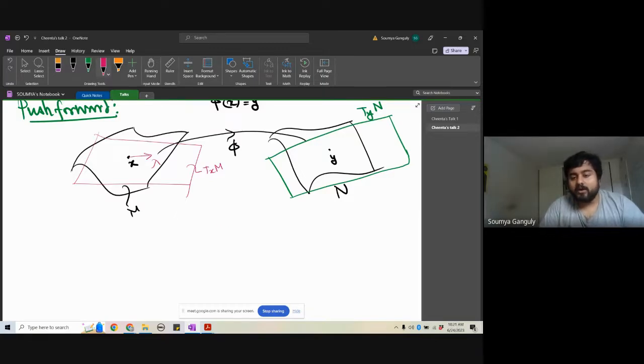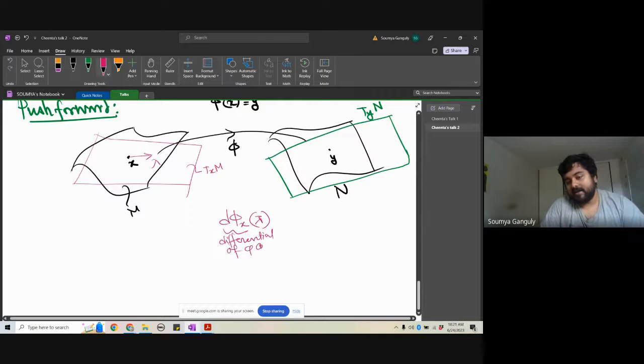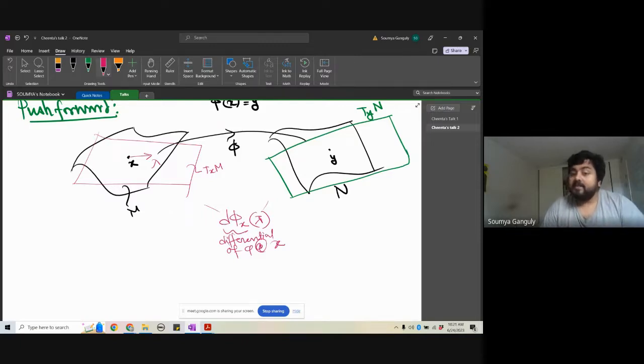How do you define d phi_x of lambda, which is the differential of phi at x? This should be a vector, first of all. This should be a vector at the point y in the tangent space of N. It will be a vector something like this. Let's call this chi. So how do you define this?